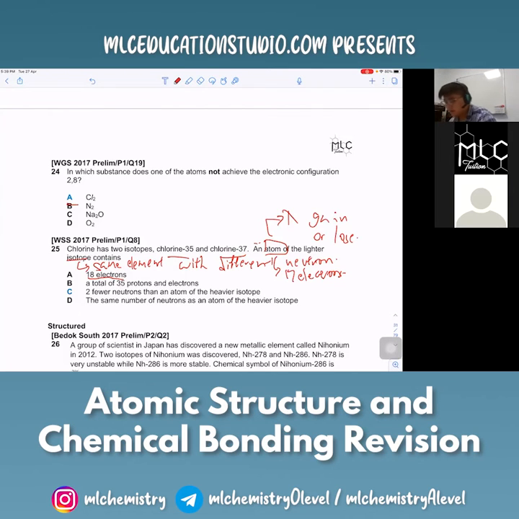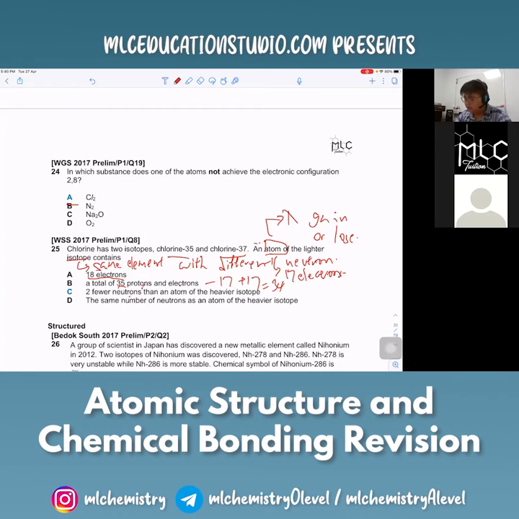Okay, then B is incorrect because a total of 35 protons, 17 plus 17 will just be 34, not 35. Okay, so because proton number equals electron number. Okay, and proton never change.